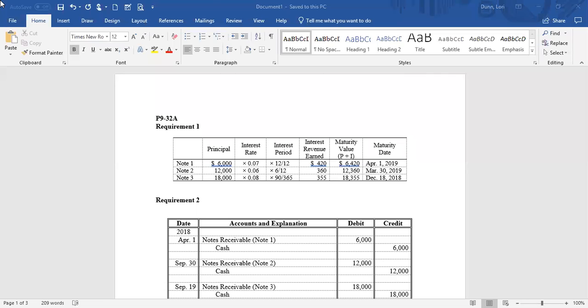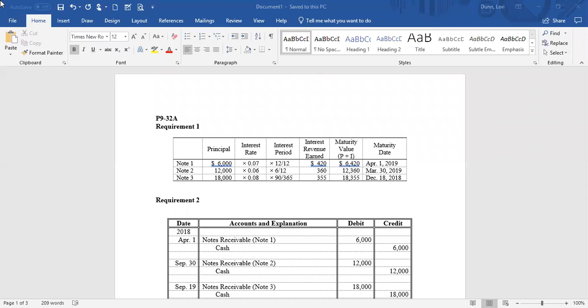That will give us interest revenue of $355. So add that to the principal. We will be receiving back on December 18th, 2018, $18,355. So that's how we do the calculations for determining maturity date and maturity value.